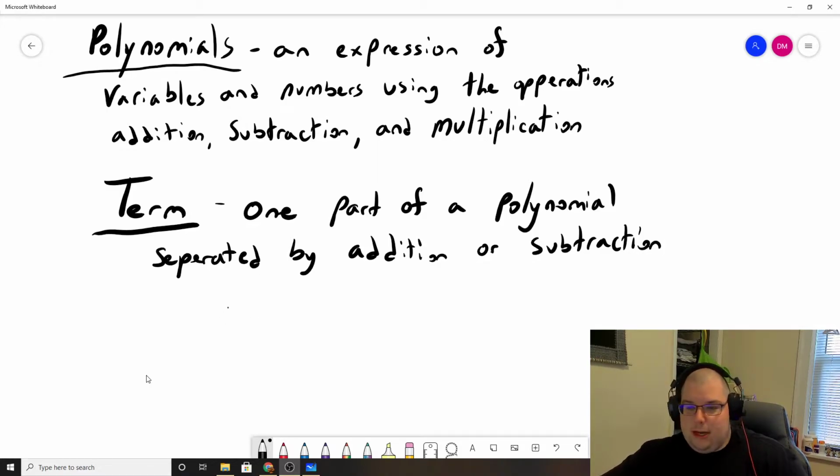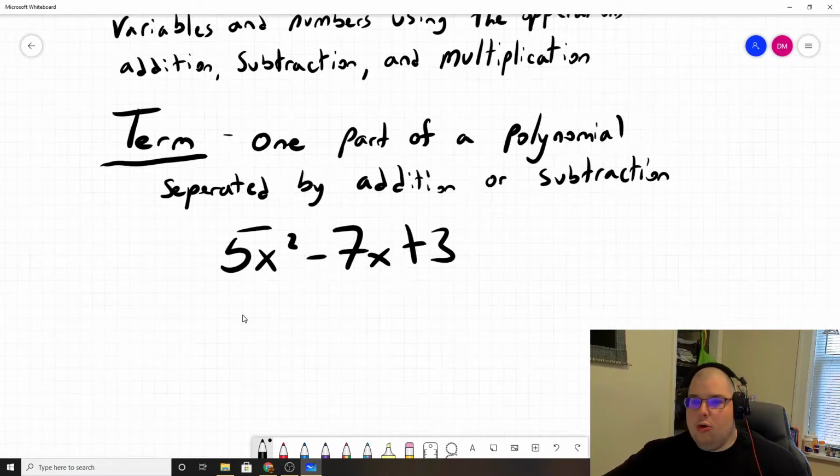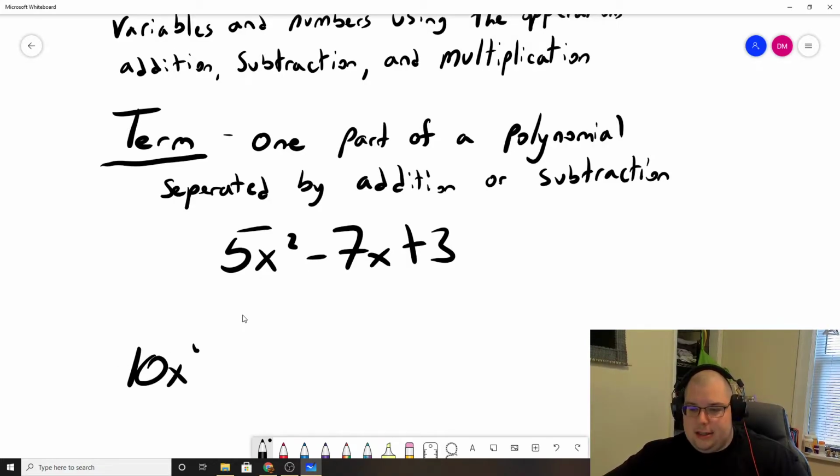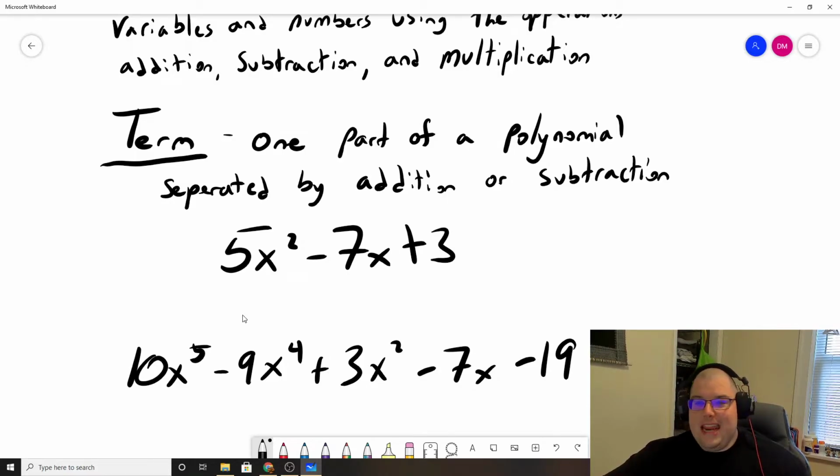So when we look at a polynomial like 5x squared minus 7x plus 3, or we look at another polynomial like 10x to the 5th minus 9x to the 4th plus 3x squared minus 7x minus 19. A term is one part of a polynomial separated by addition or subtraction.